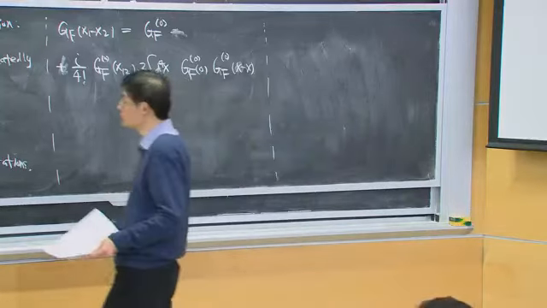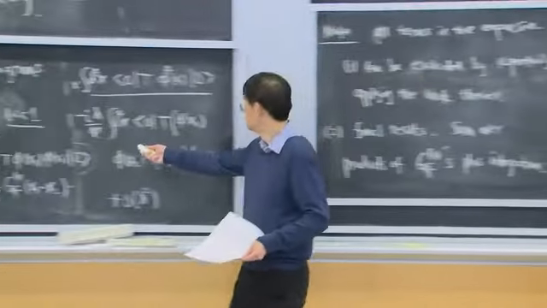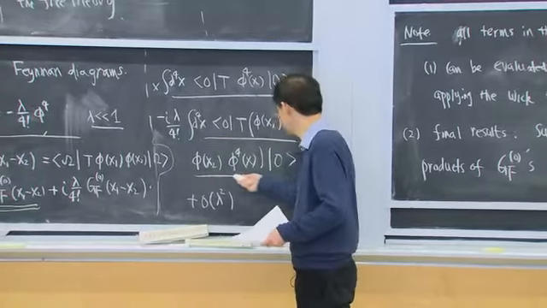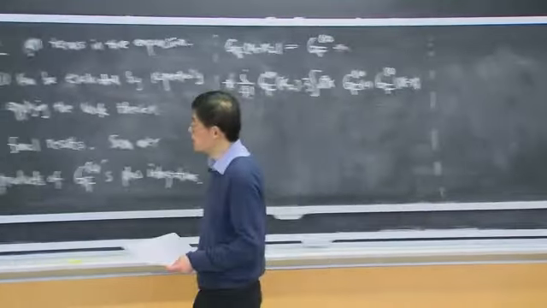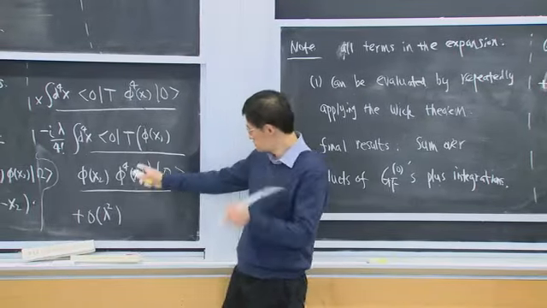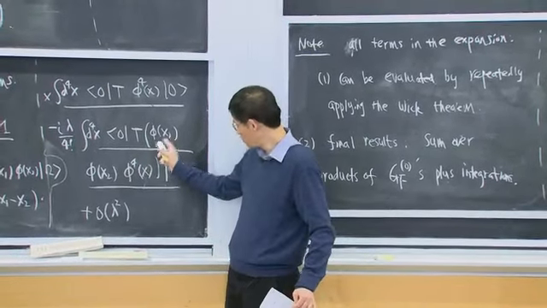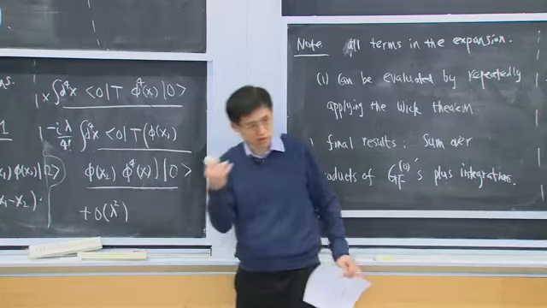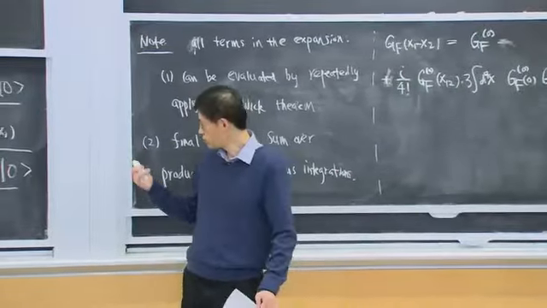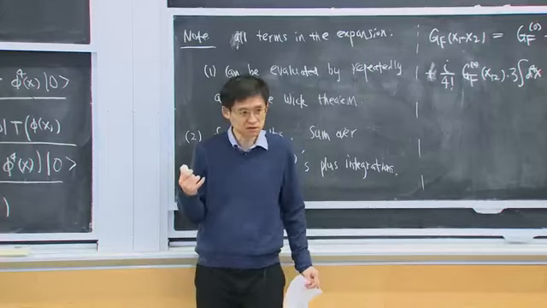Now let's look at this term. Here we have to contract 6 φ's: φ(x1), φ(x2), and then 4 φ's here. We can have 2 possible patterns.